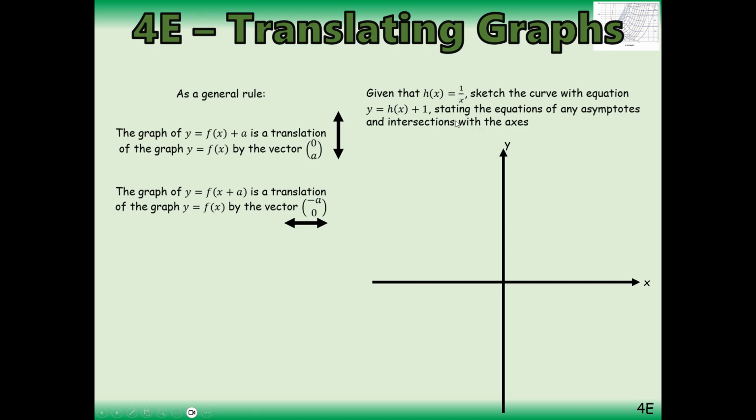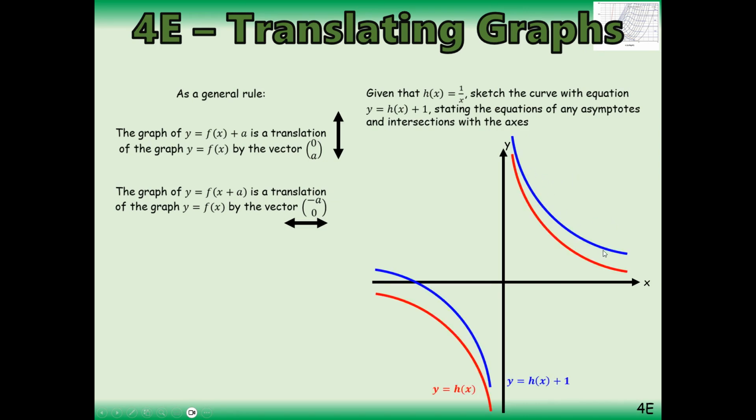1 over x is just h of x. So that's the shape of the original graph. Now, when we have a plus 1 outside of the function, it's clear that this plus 1 is outside of h of x. So does it affect the x or y asymptote? Think about the asymptotes. It has a vertical asymptote at x equals 0 and a horizontal asymptote here. It will have shifted the y-axis.